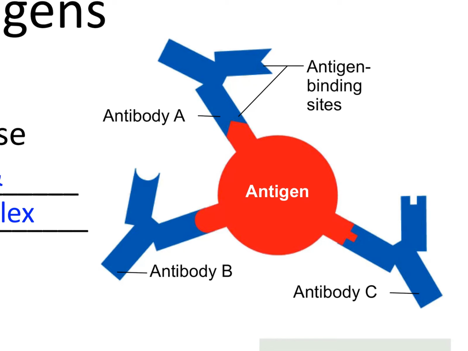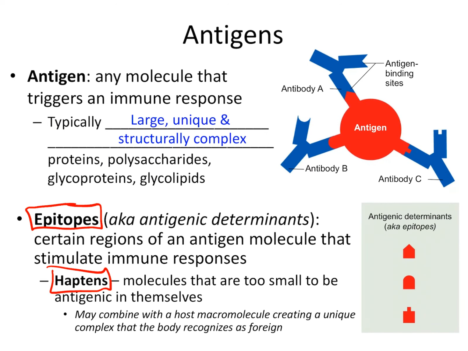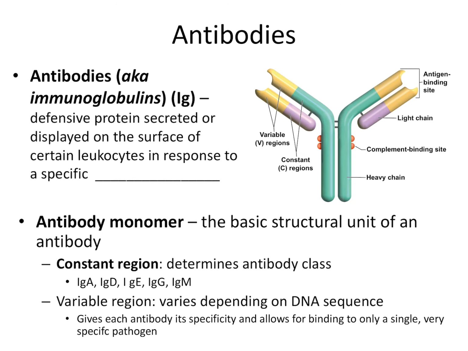So let's take a closer look at how these antibodies work. Antibodies are AKA immunoglobulins, or you can sometimes see them abbreviated as IG. And these are essentially going to be these defensive proteins that are either secreted or can be displayed on the cell surface of certain leukocytes, and they can respond or bind to one very specific antigen.